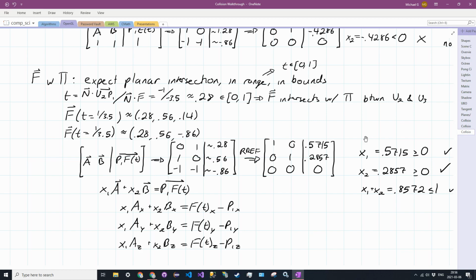So you'll have that, but it doesn't intersect in between the points. Therefore, the face in the graphic, so the face in the world, would not intersect.